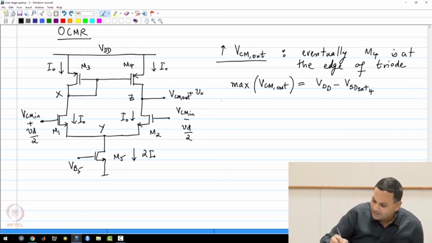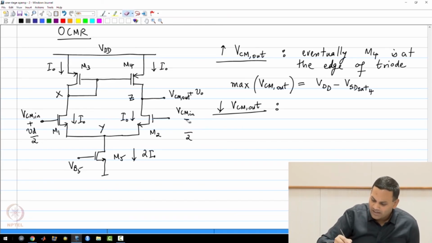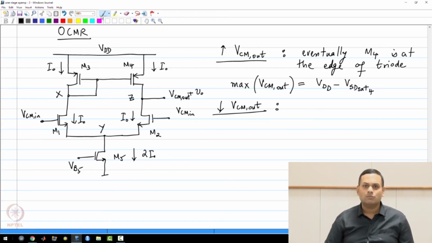Now what happens if you decrease VCM out? If you do this, you can see that the gate of M2 is held at VCM in, and remember, for the common mode we are not looking at VD at all. We are not looking at the swing limits. This is more of a common mode range spec.